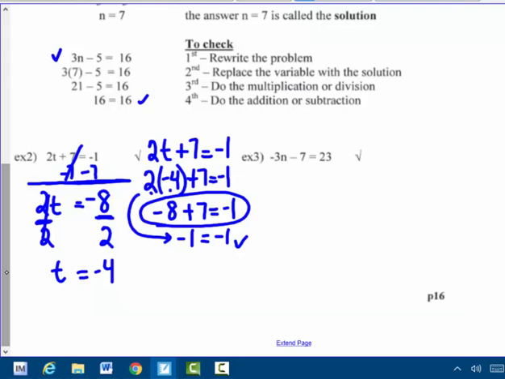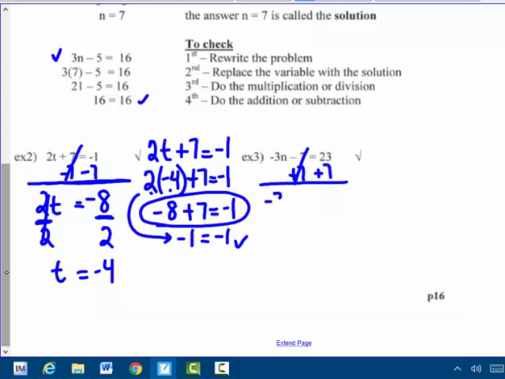Yippee! Next equation. -3 times n minus 7 equals 23. It's a multiply and subtract. So the opposite, the inverse operation, is to add and then divide. So I'm going to add 7, balance, add 7 to both sides, cancel step.